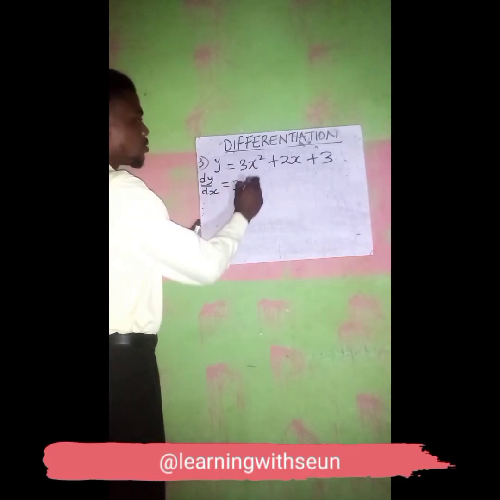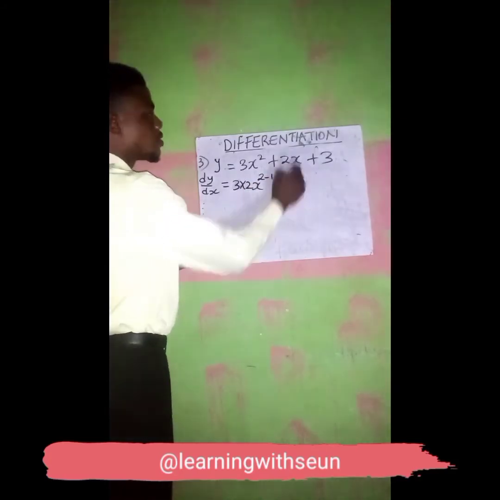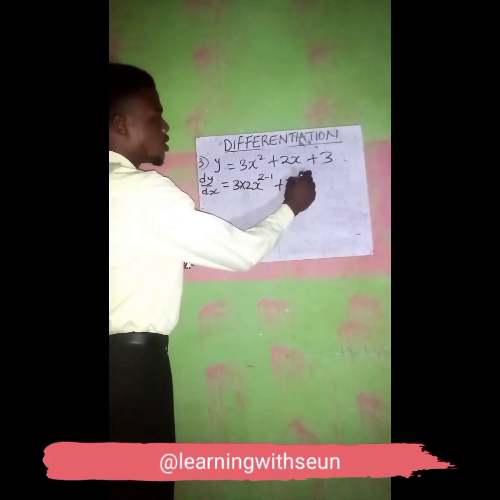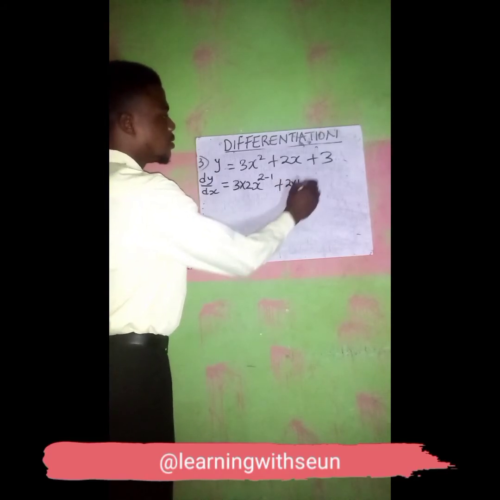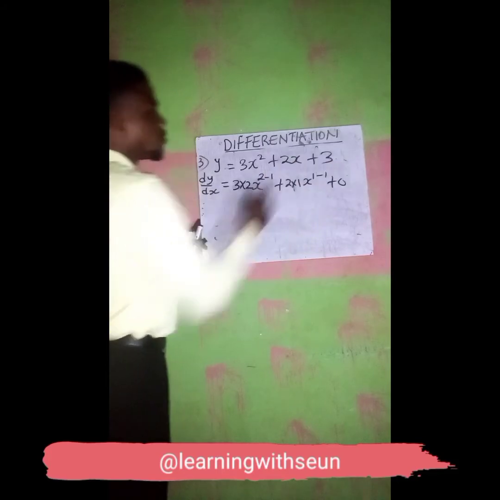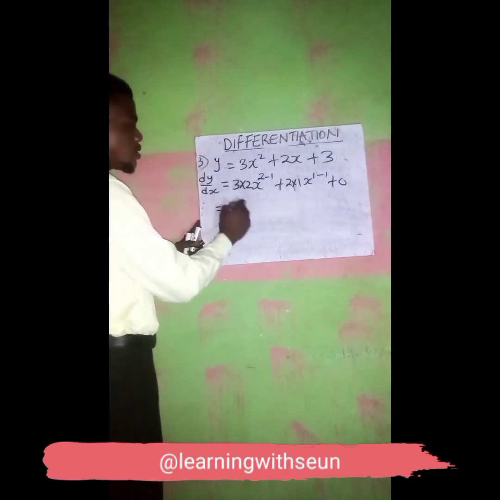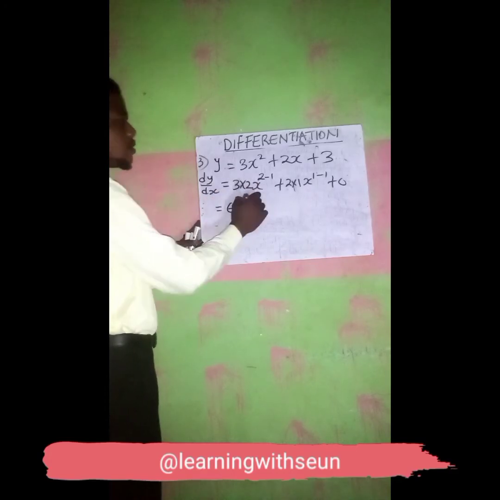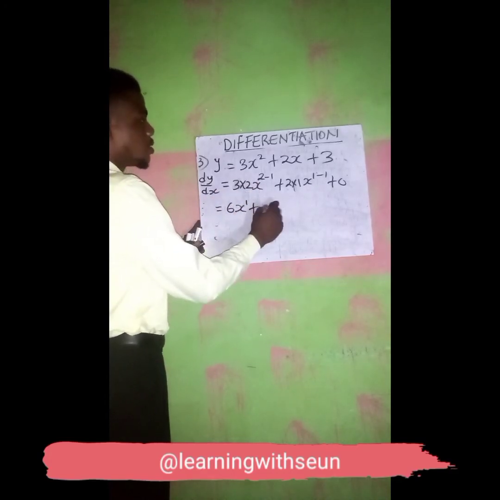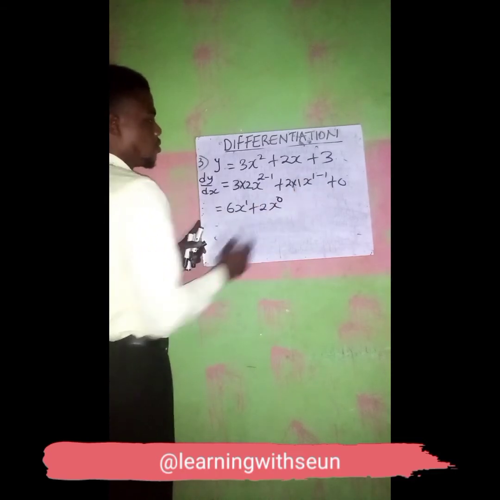That will be 3 multiplied by 2x raised to the power of 2 minus 1, plus 2 multiplied by 1x raised to the power of 1 minus 1, plus 0. So from here, you are going to have 3 times 2, 6x, 2 minus 1, 1, plus 2 times 1, 2x, 1 minus 1, 0.